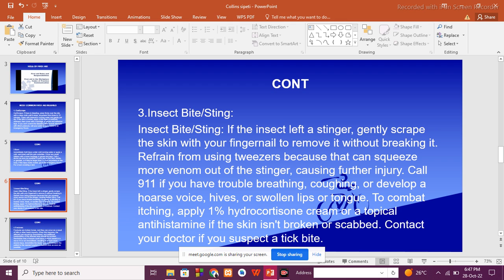Call 911 if you have trouble breathing, coughing, or develop a hoarse voice, hives or swollen lips or tongue. To combat itching, apply 1% hydrocortisone cream or a topical antihistamine if the skin isn't broken or scabbed. Contact your doctor if you suspect a tick bite.